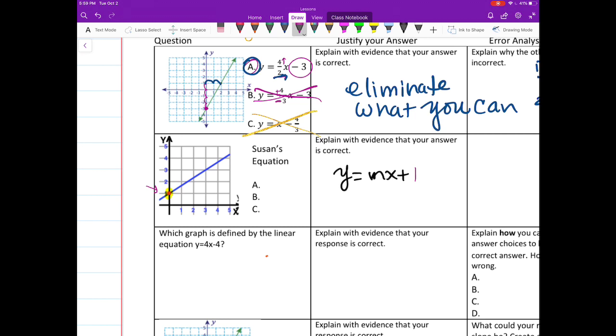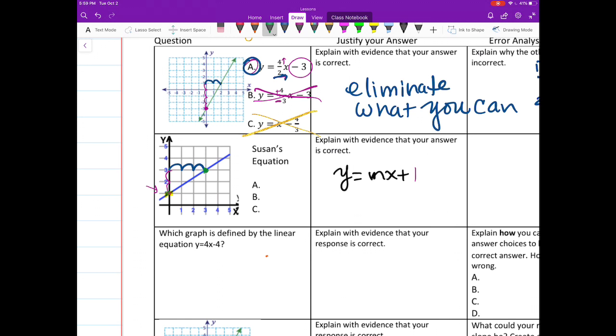Okay, so number 2, I think it said the slope is negative. The slope is not negative. Okay, from left to right, the way you read, it's positive, it's increasing. So then what is your slope? Okay, so Susan, 1, 2, 1, 2, 3.